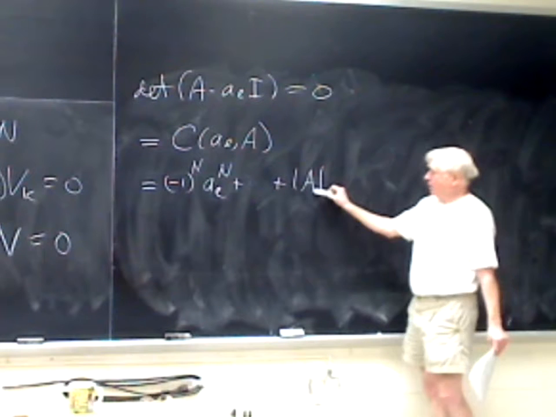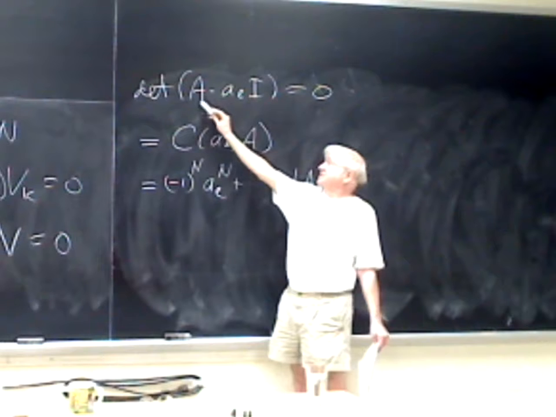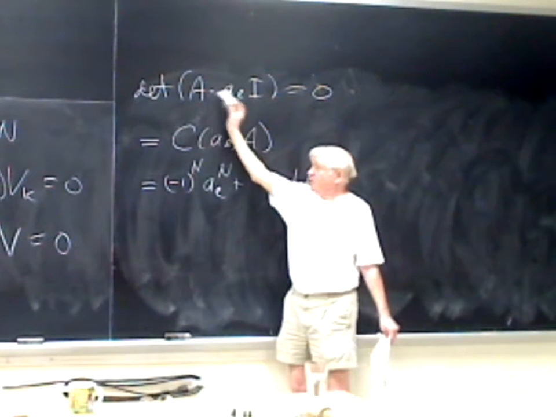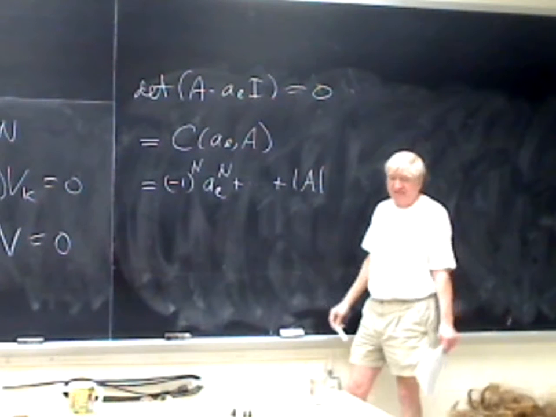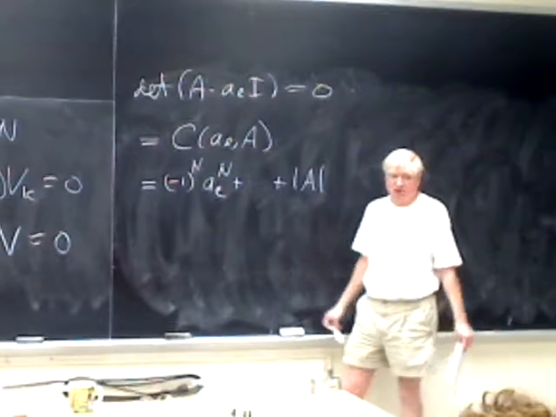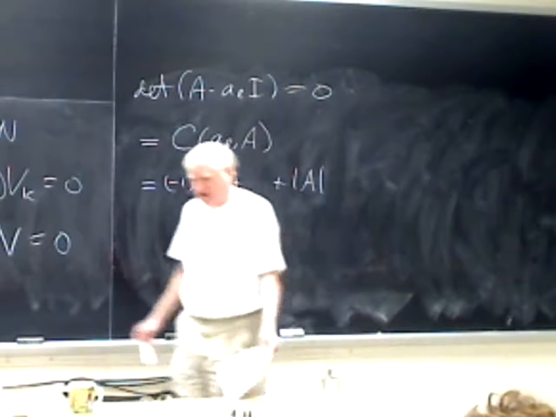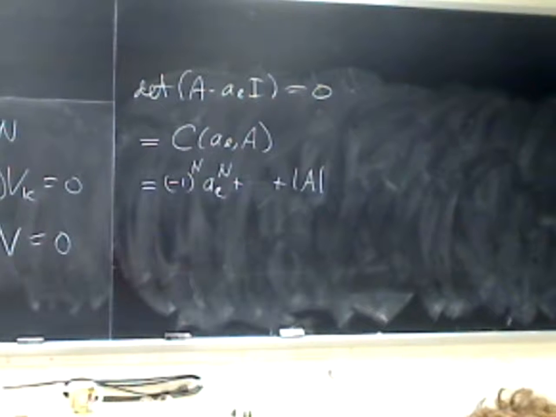The reason you know this term must be present is that if you set all the a_L equal to 0, then this equation would just be the determinant of A. So that determinant has to occur, and that's the term that has no powers of a_L. So this is a polynomial equation of order n, or nth degree, in a_L. But there's a theorem which we'll prove when we get to complex variable theory, if we ever finish linear algebra.